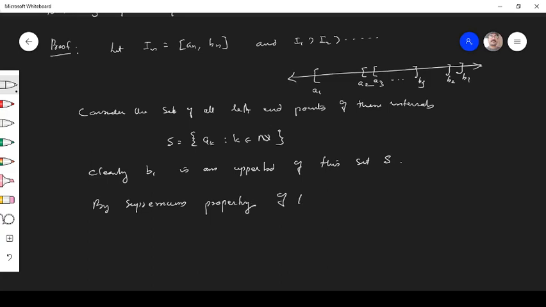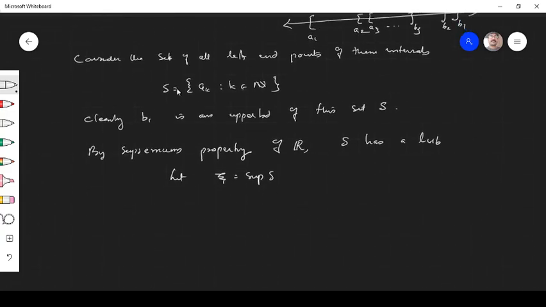Let psi equal the supremum of S. Then clearly every a_n is less than or equal to psi for all n.